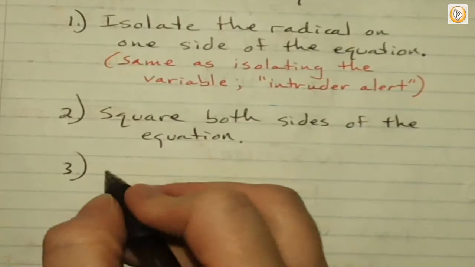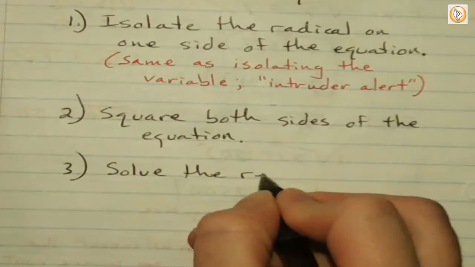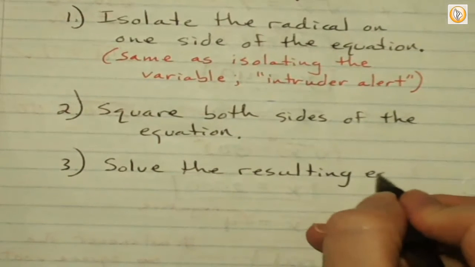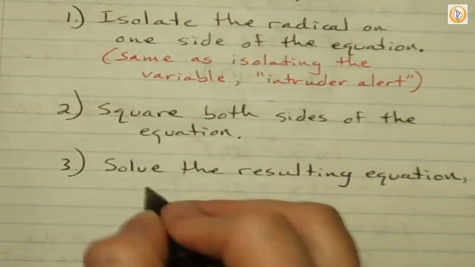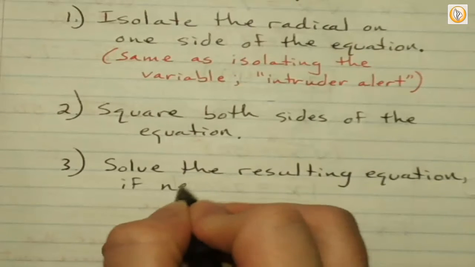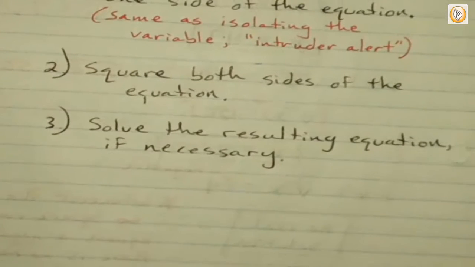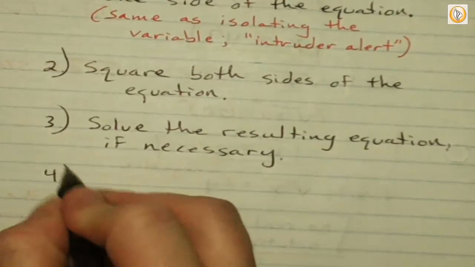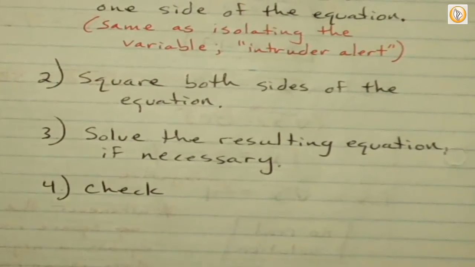Step 3, solve the resulting equation if necessary. And that's not your opinion, that's if you can. And then step 4, check. And I showed y'all how to check, just putting your answer back into x and seeing if it works.